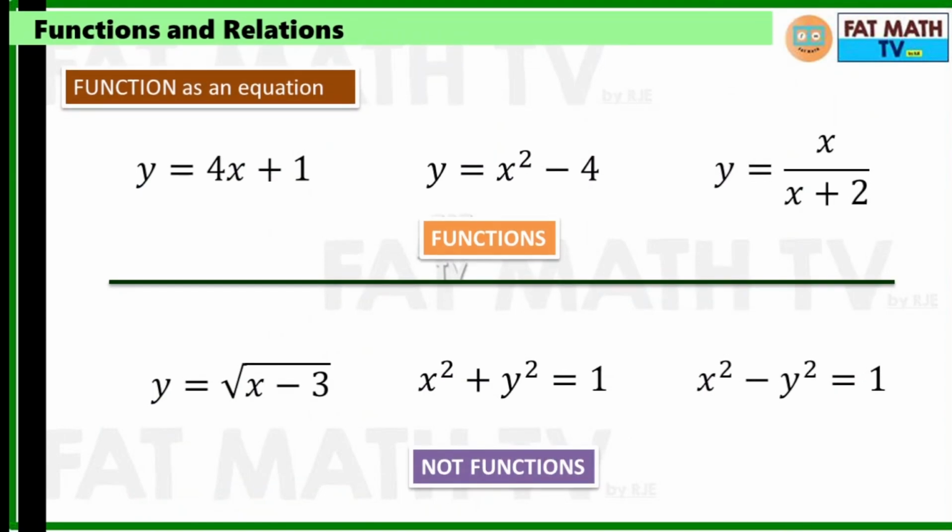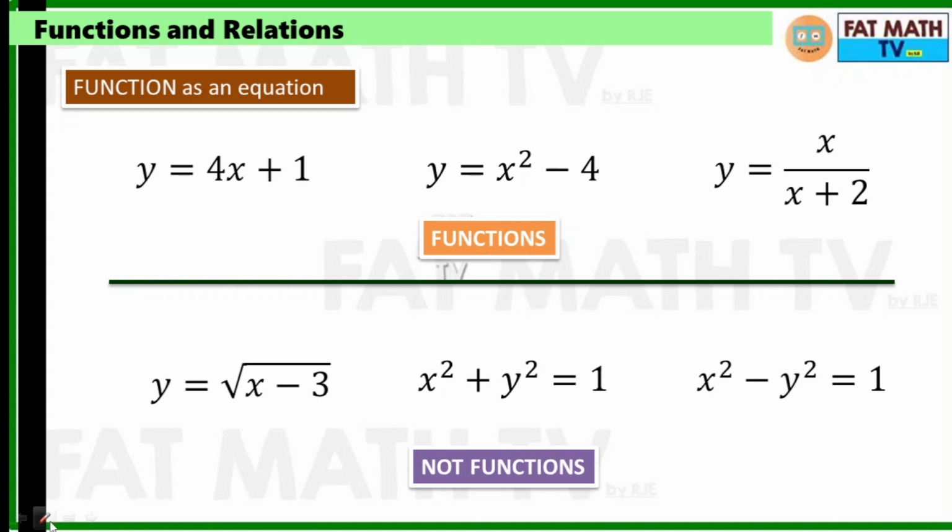A function can also be in the form of an equation, like this. y equals 4x plus 1, y equals x squared minus 4, and y equals x over x plus 2. Meaning to say, for each x that you have, there is only one y value that corresponds to it. For example, when x is 1, this is 4 times 1 plus 1, that's 5.